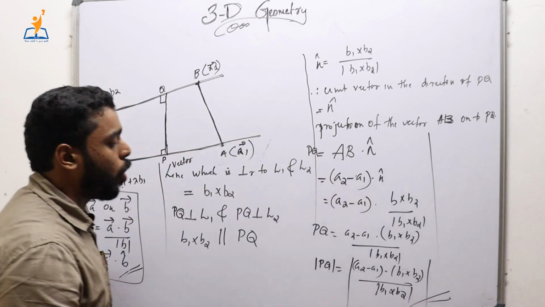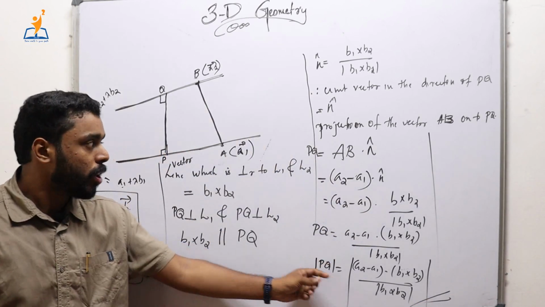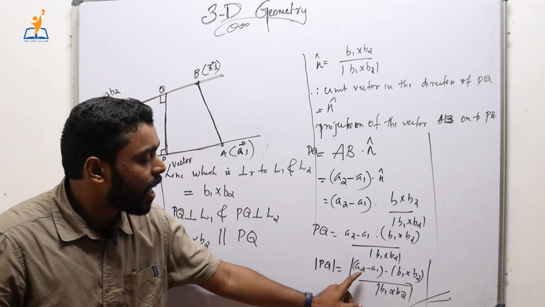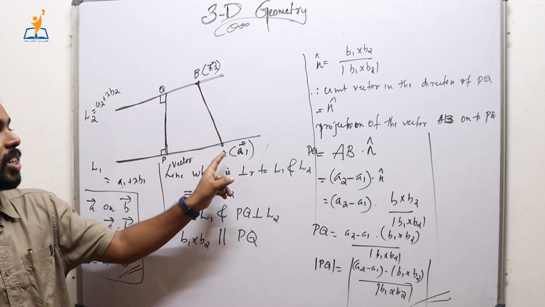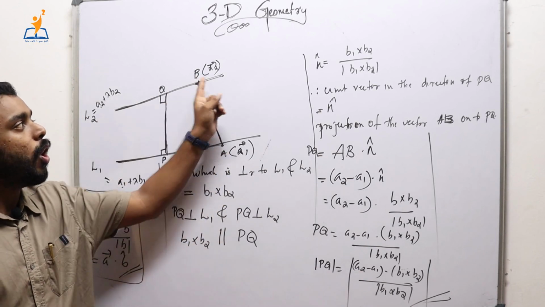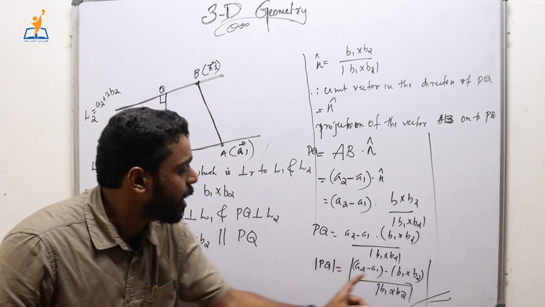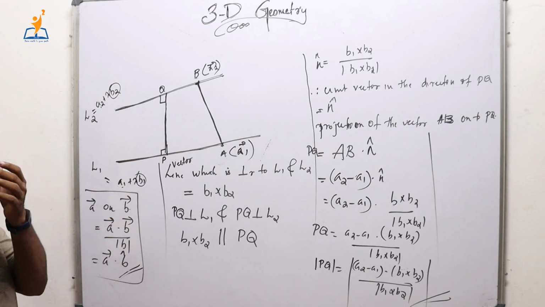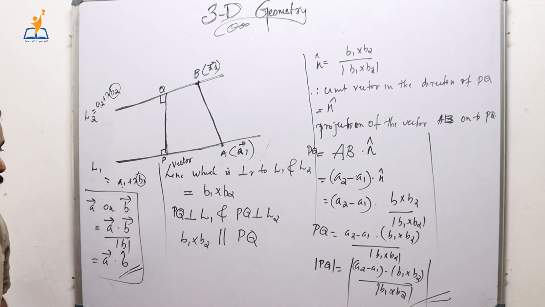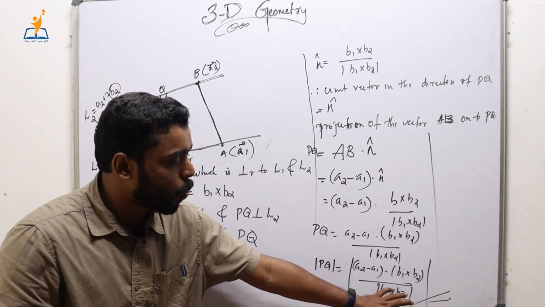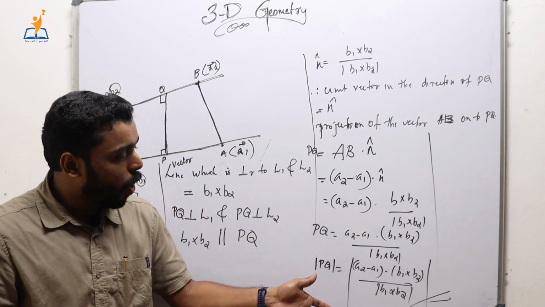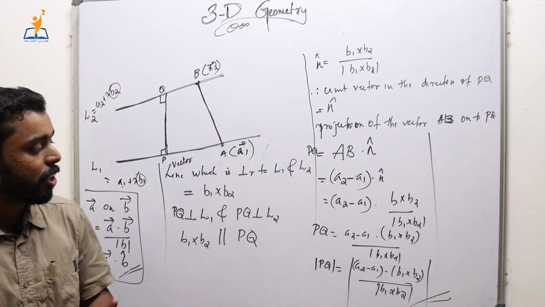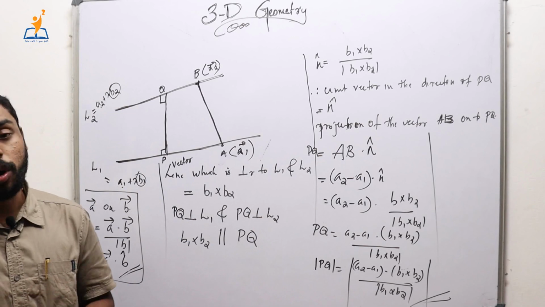So this is the equation for the shortest distance between two skew lines, where A1 and A2 are the respective position vectors of the points A and B on the lines, and B1 and B2 are the vectors parallel to the lines L1 and L2 respectively. If we know these quantities, we can easily find the shortest distance between the two lines using the formula.